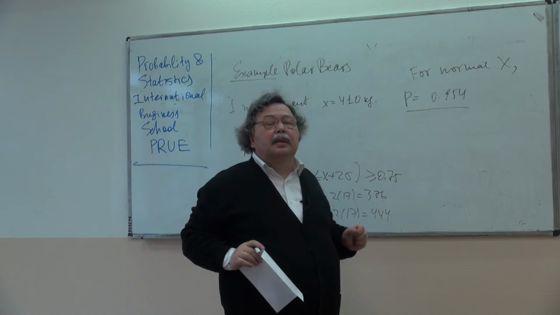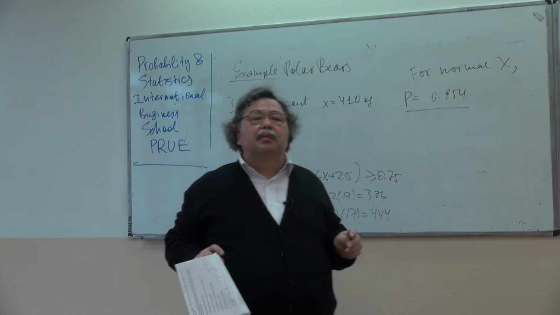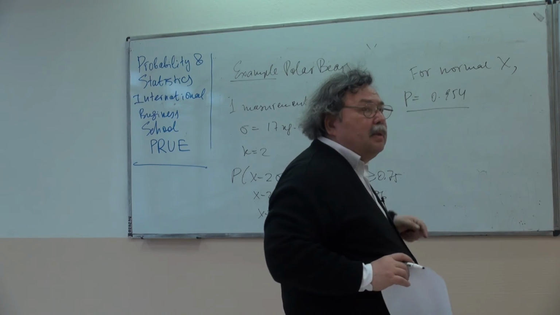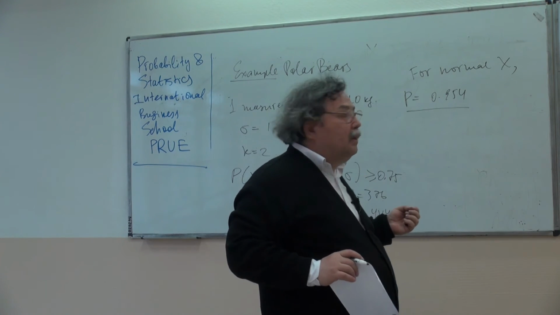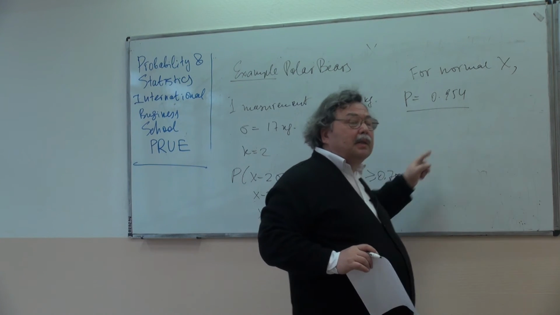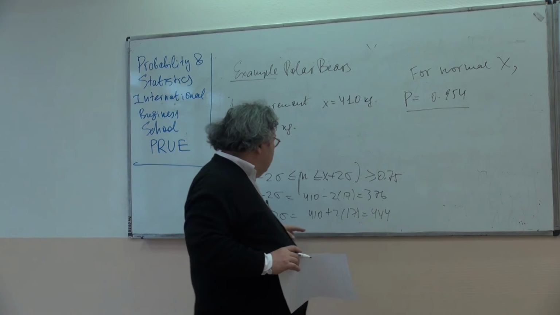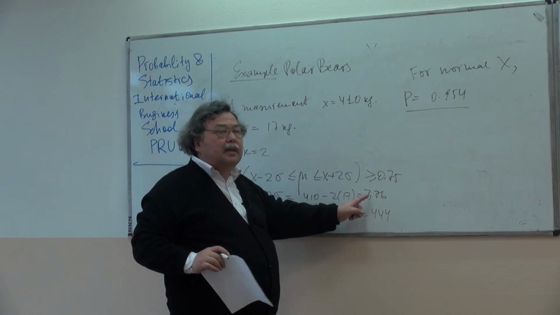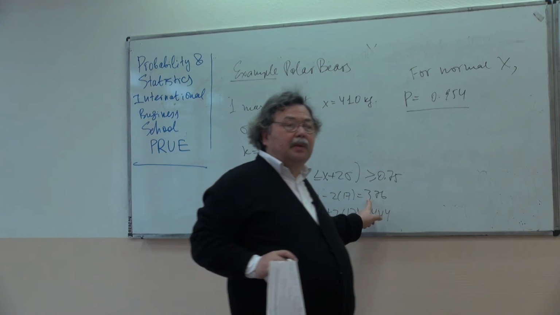So if we can assume the distribution of body weights in polar bears to be a normal random variable, then with a rather high probability, we can expect that this interval captures the true value of the mean. Okay.